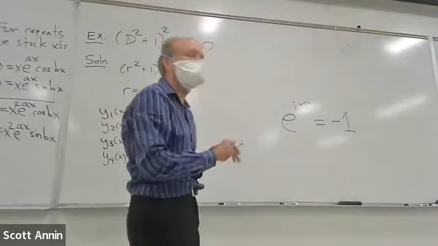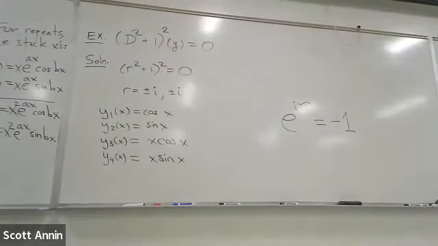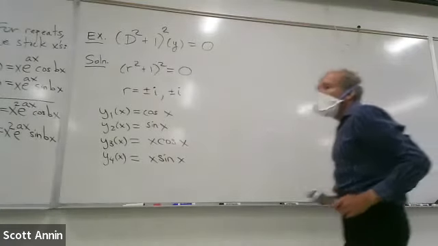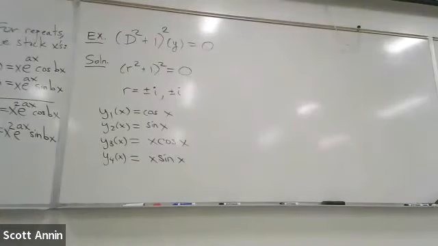Not my own shirt, but I've seen people wear it. Anyway, this is called Euler's formula. It's through the use of that formula that you can extract these two real solutions from what looks like a meaningless exponential with an i upstairs.